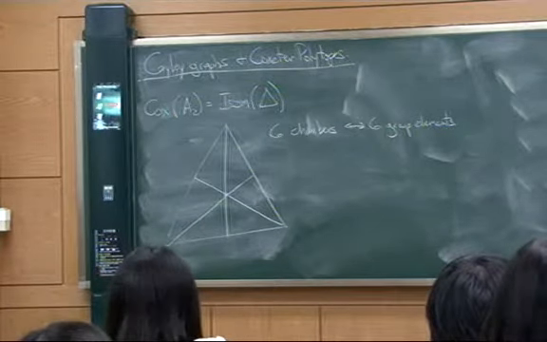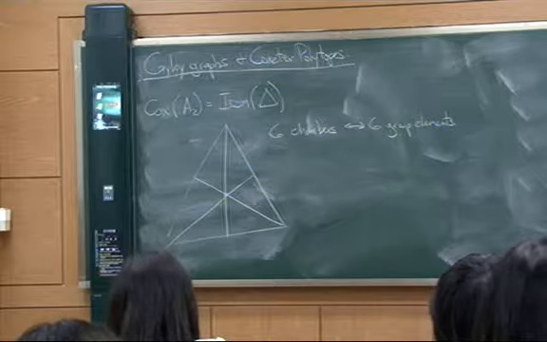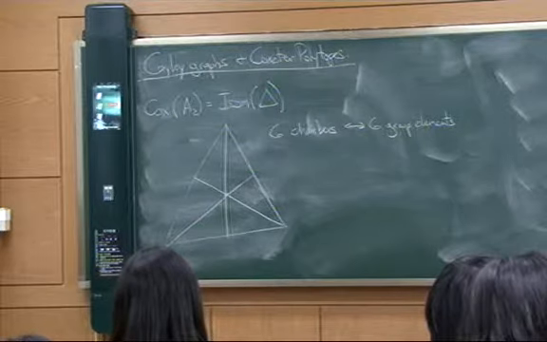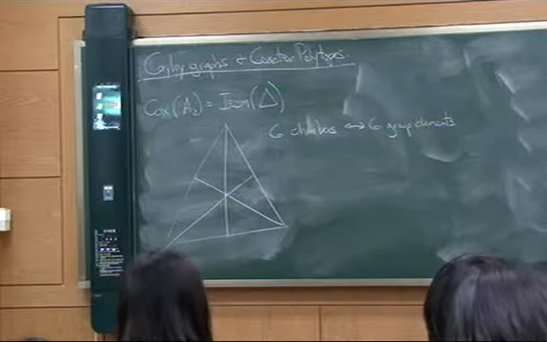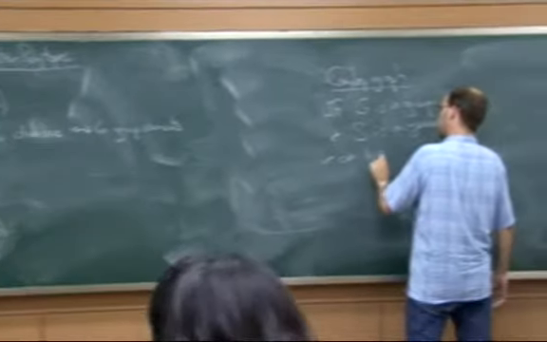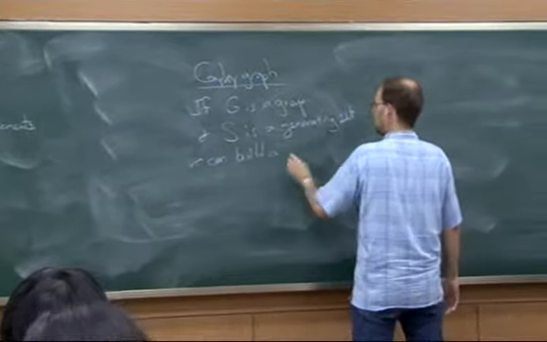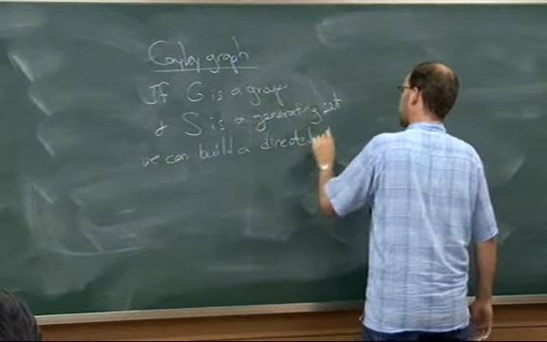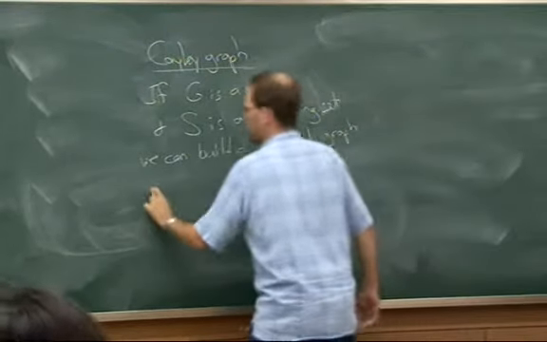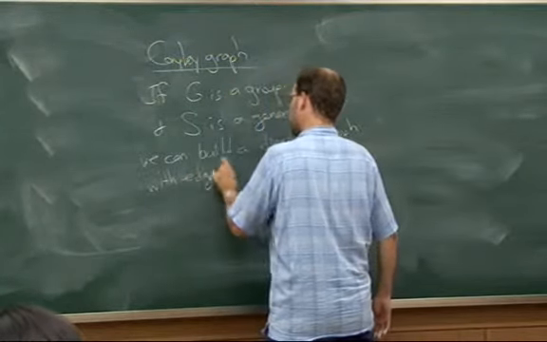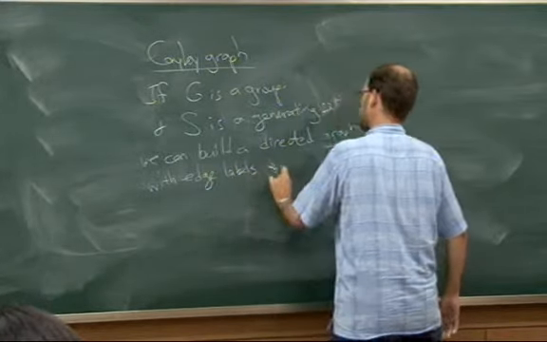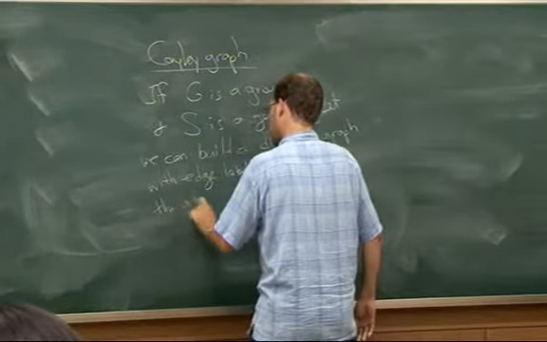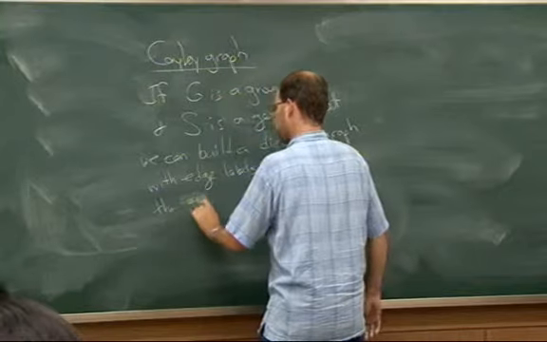If G is a group and S is a generating set, we can build a directed graph with edge labels that encodes the entire algebraic structure of the group.